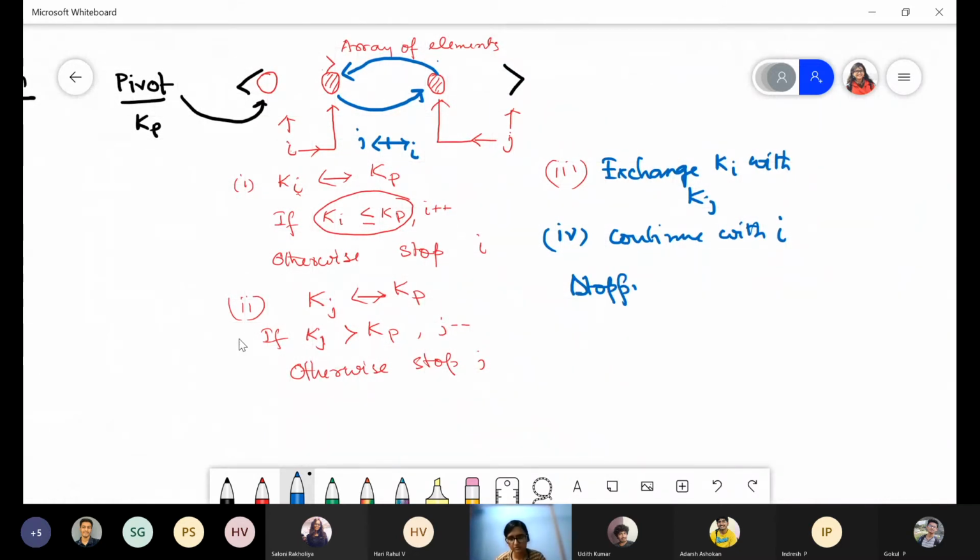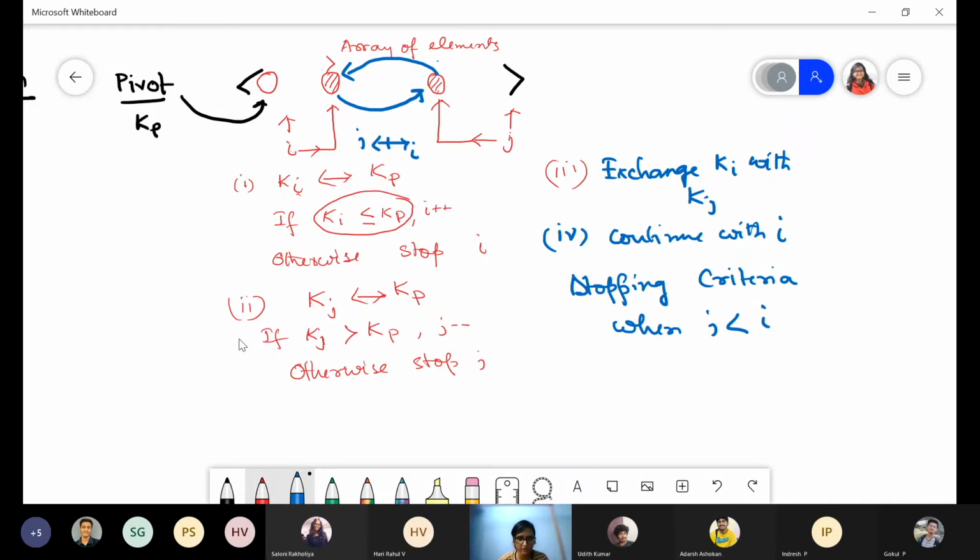When J is less than I, then what we do, whatever we have found before the ith position, that forms my left part. After that we put the Kp.